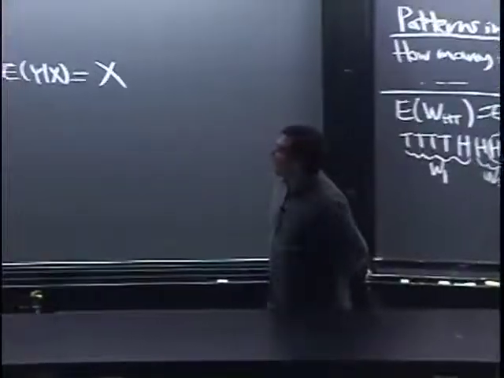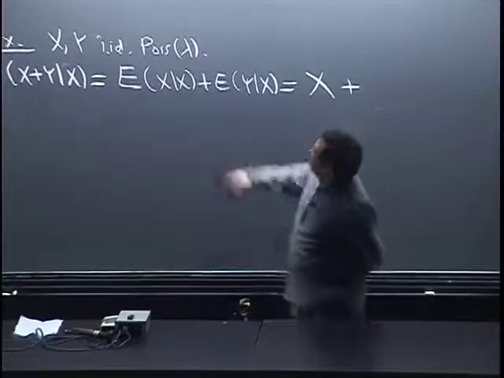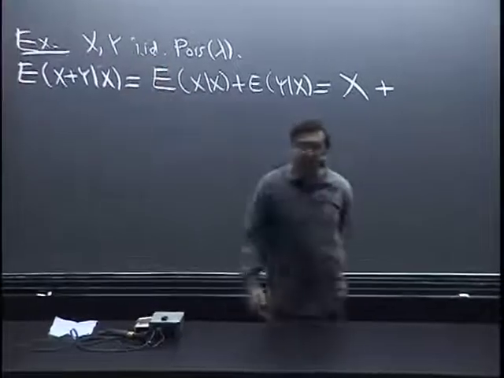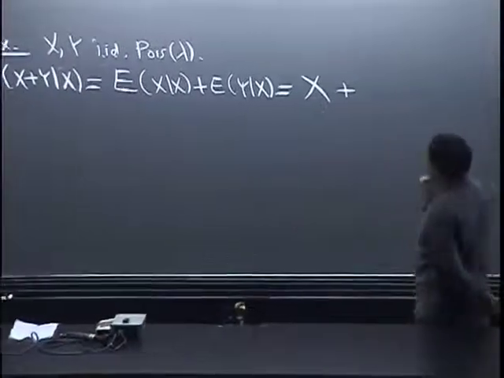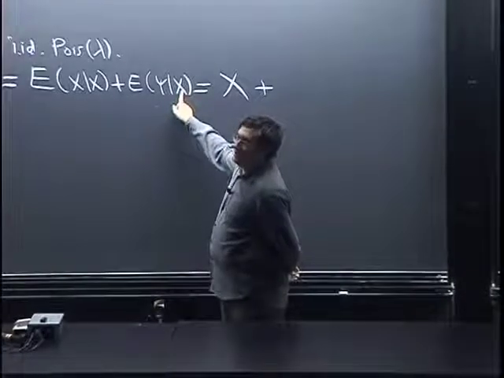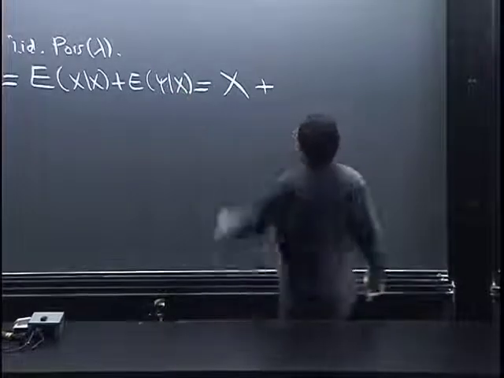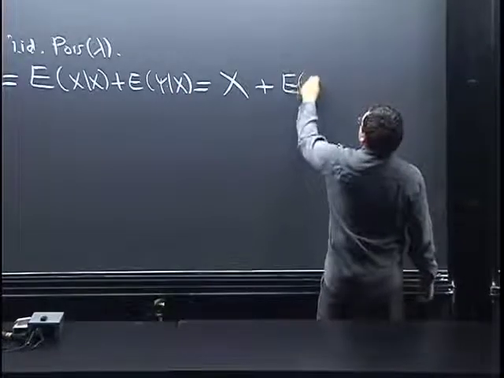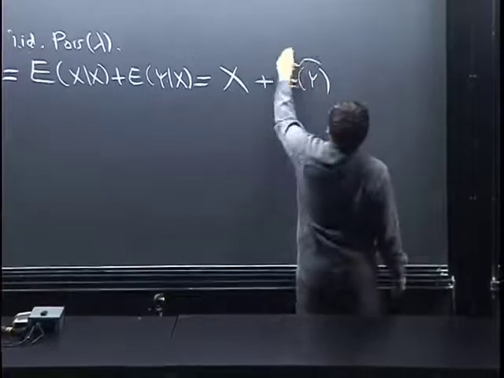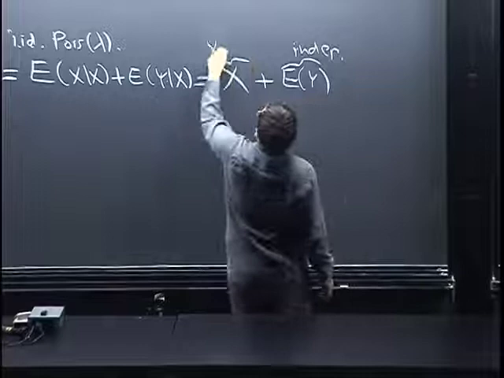Now let's think about E of Y given X. X and Y are IID, so they're independent. Since they're independent, getting to know X is of no use at all in predicting Y. So that's just the same thing as E of Y. This part is by independence, and this part is X is a function of itself.